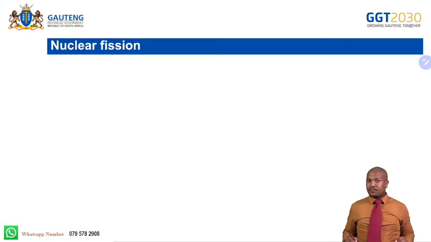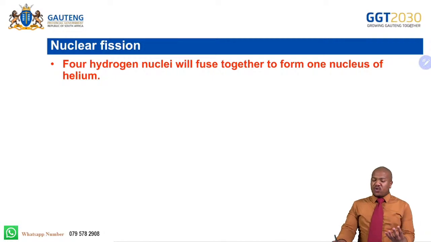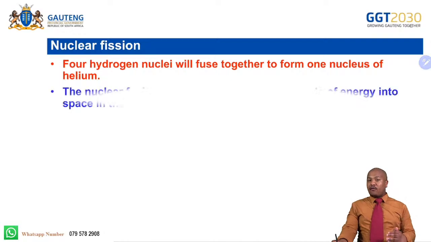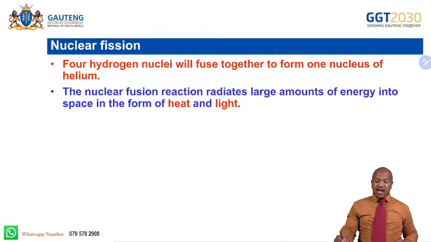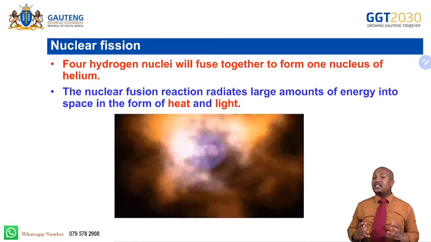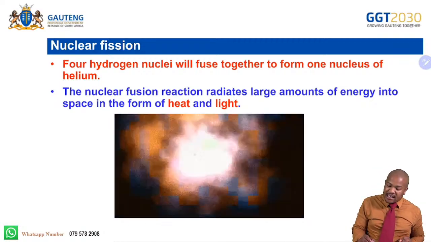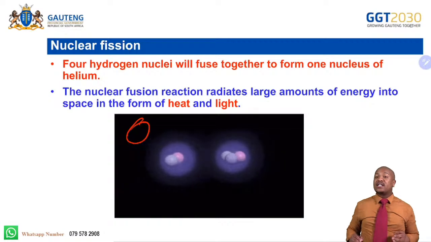Energy. Remember that 4 hydrogen nuclei will fuse together to form one nucleus of helium. And the nuclear fusion reaction radiates large amounts of energy into space in the form of heat and light. As we receive this heat and light, we start seeing what?